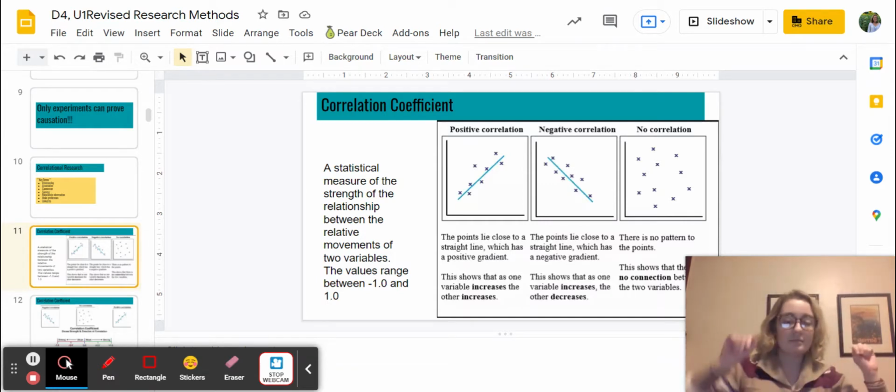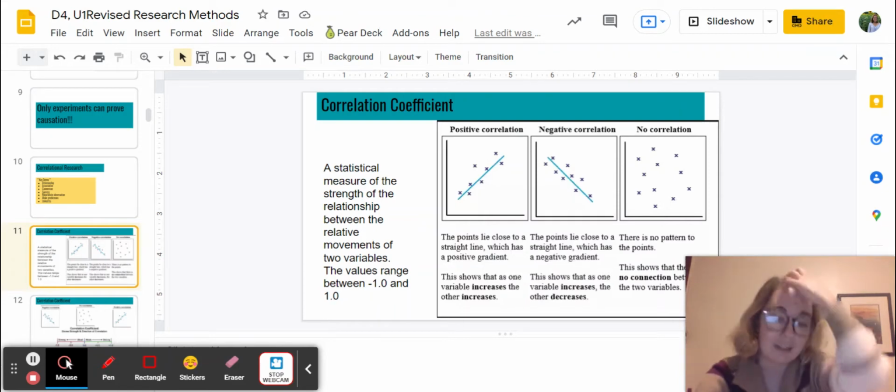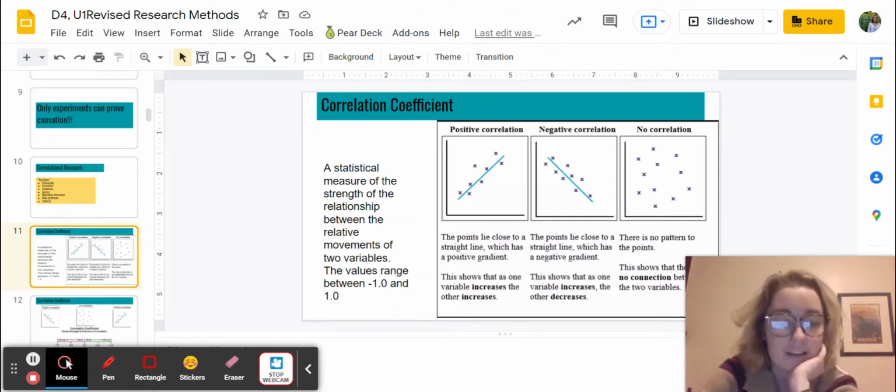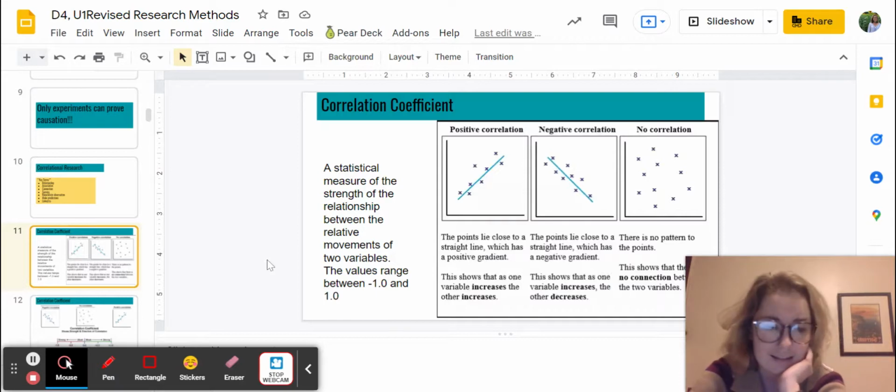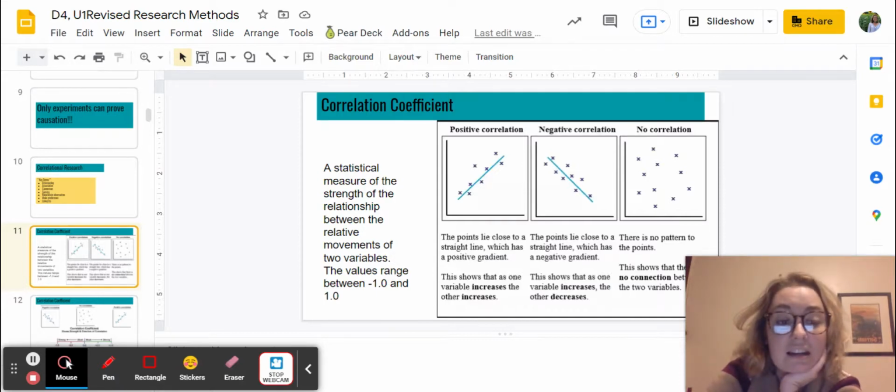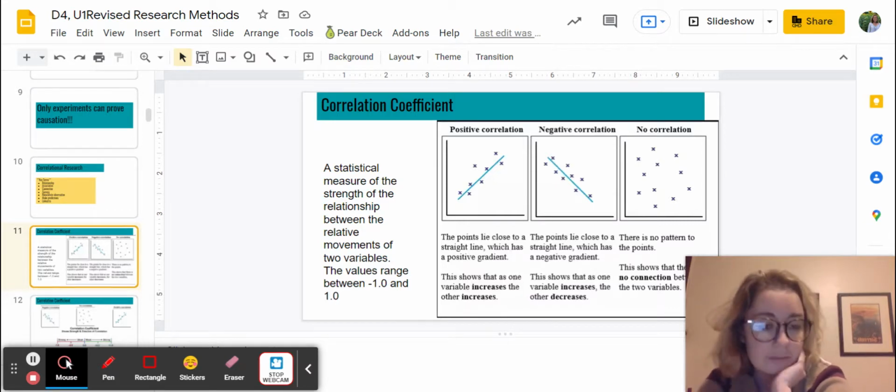Italian, pasta, you're not gonna like it. But if it's a negative 0.1, negative 0.2, then it's like, okay, they're associated, but it's not a super duper strong relationship. There's a little connection, but it's not that strong.